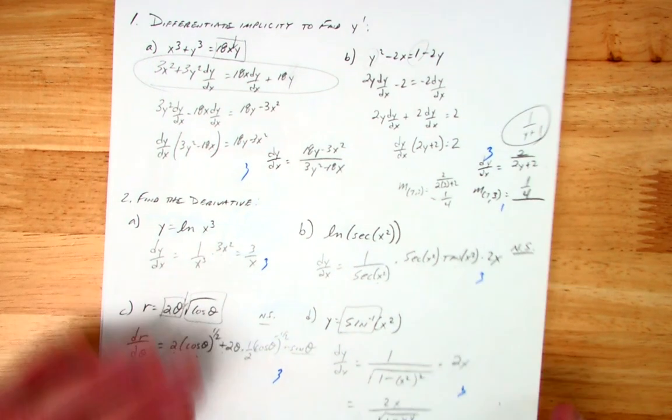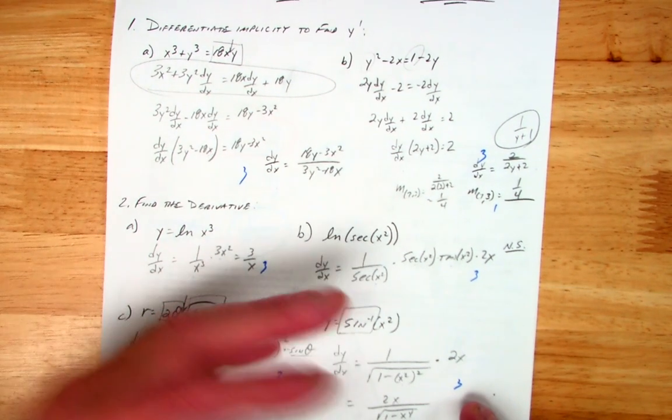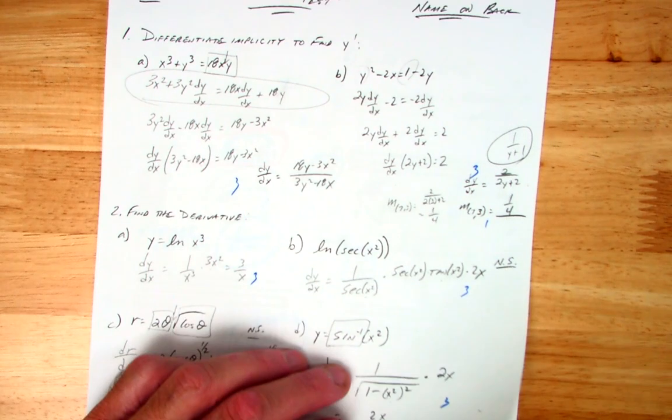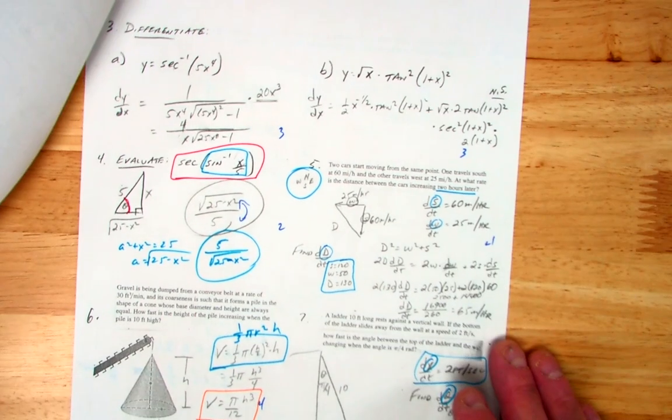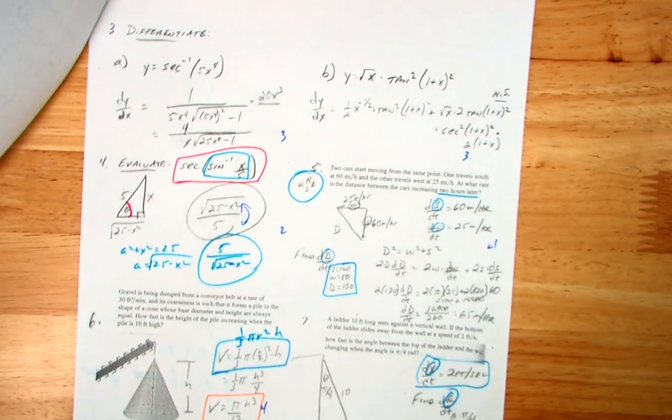If you weren't doing natural log is 1 over something, that should have been caught. And the big thing is, don't fall behind.